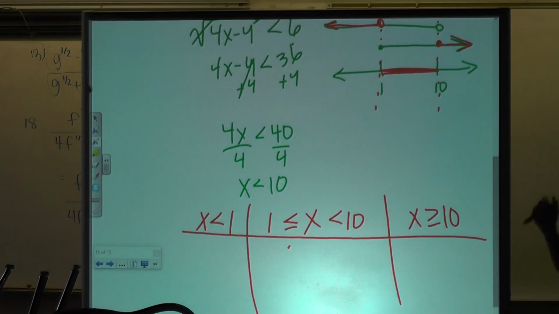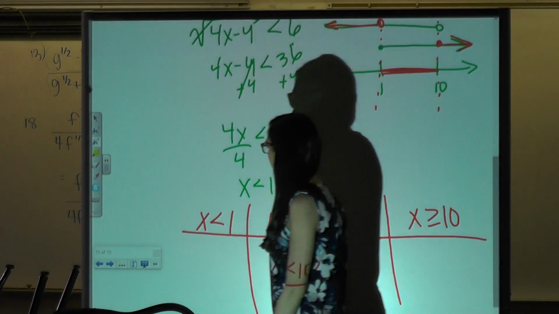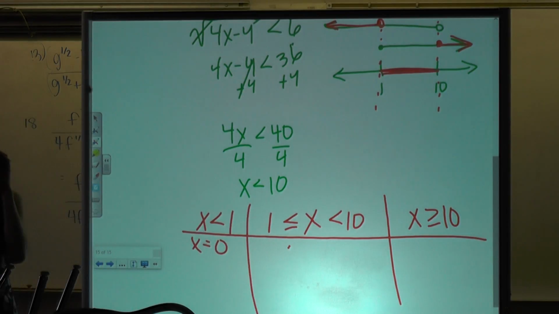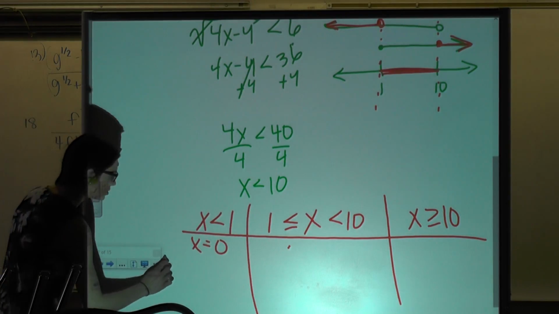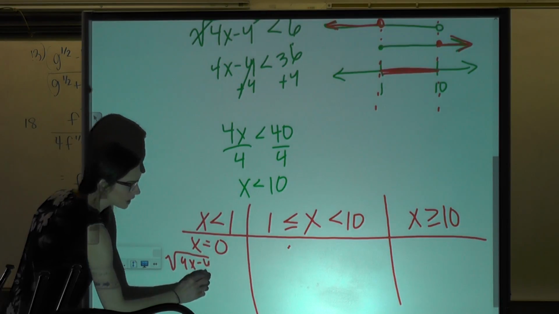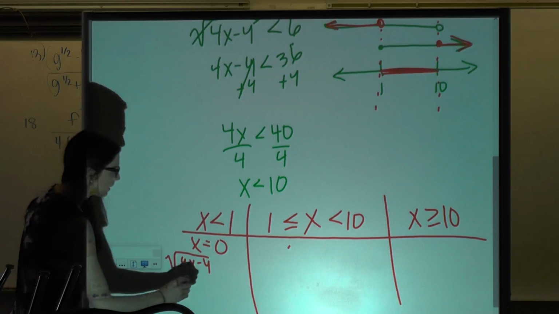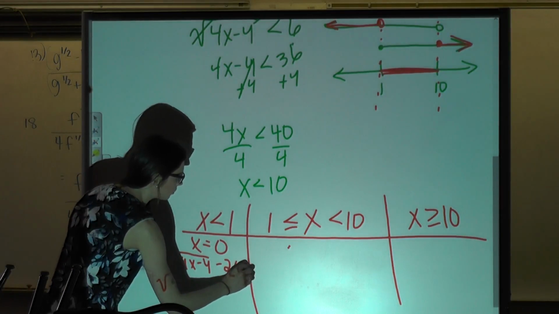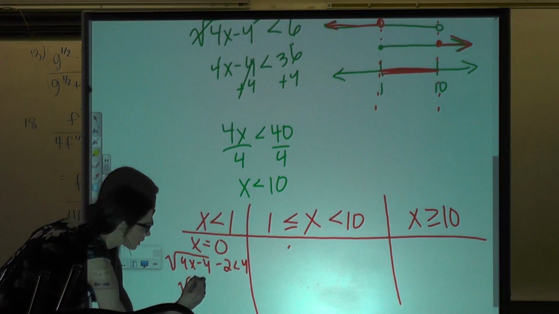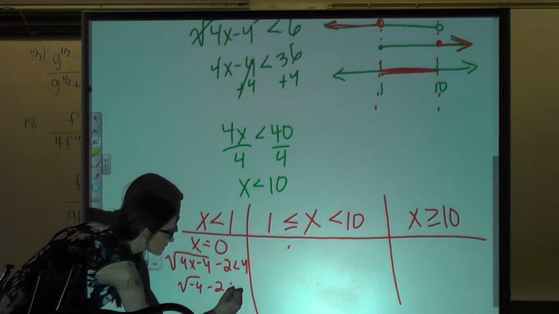You test those values by picking any points within them. What's a number less than 1? x equals 0. You plug in x equals 0 into the square root of 4x minus 4, minus 2 is less than 4. You're going to get the square root of negative 4, minus 2 is less than 4.